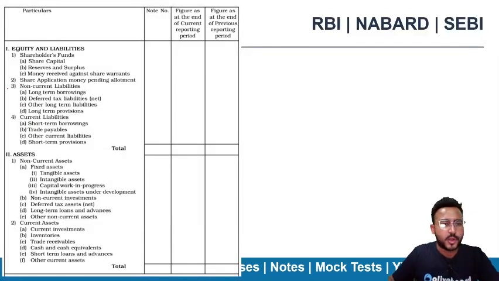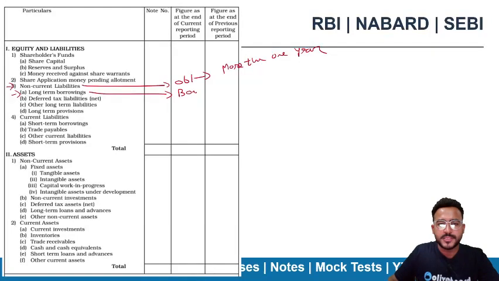Then we do have some non-current liability. That means those obligations that I need to settle in more than 1 year, right? Like it can be long-term borrowing. So in long-term borrowing, it can be bonds, it can be debentures, right?